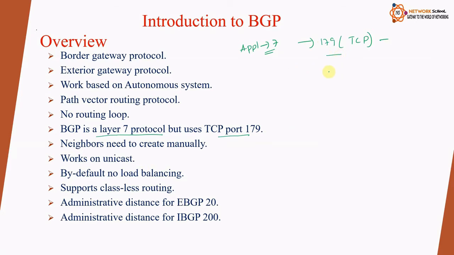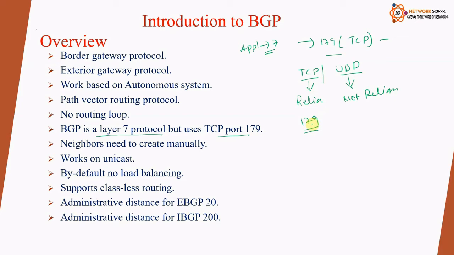So you might have known that we have two types of port in layer 4, which are TCP and UDP. TCP is known for reliable connection and UDP is not reliable. So when BGP uses TCP port 179, it means whatever communication we are setting up using BGP is a reliable connection.